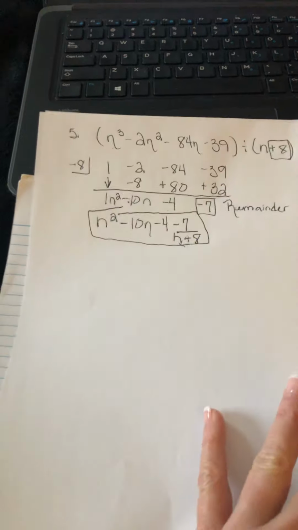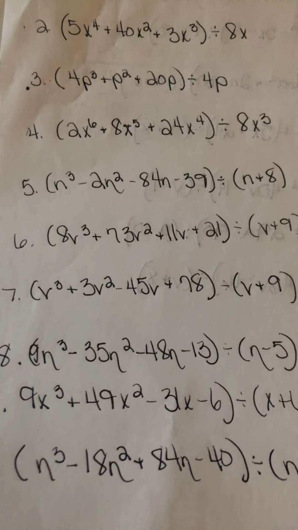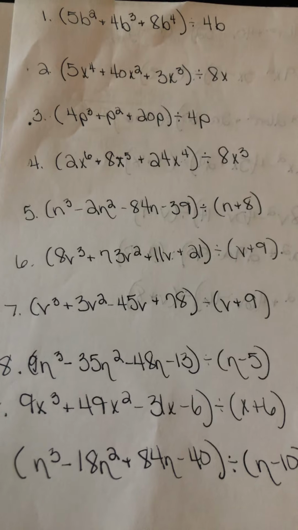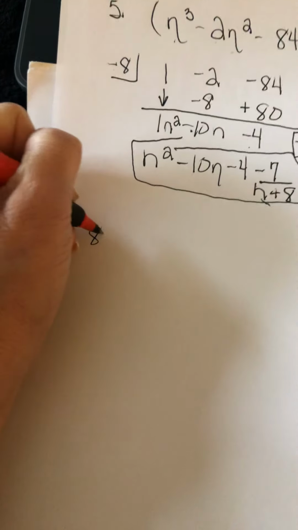Okay, now we're going to go ahead and look back at our sheet. I decided to do number 8 because I did a terrible job writing that one out, and I thought it'll probably be a good one for us to jump on. So we're going to go ahead and do number 8. Whoops, wrong one. So I'm going to write that problem out.